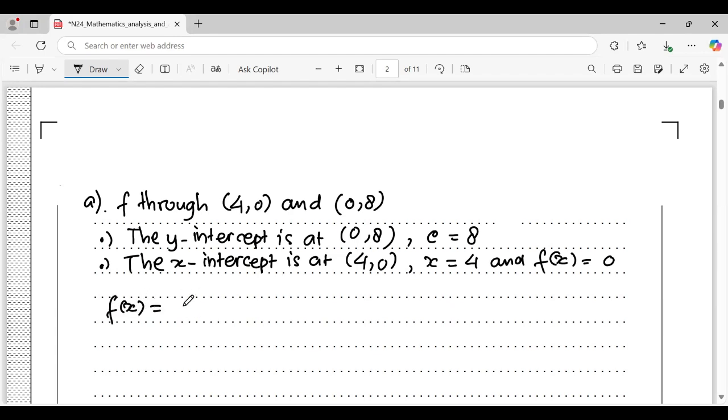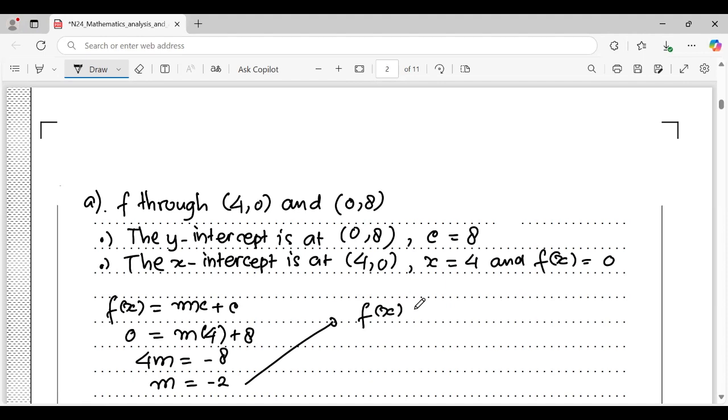According to the information, fx equals mx plus c. Substituting, 0 equals m times 4 plus 8. So 4m equals minus 8, m equals minus 2. So fx equals minus 2x plus 8.